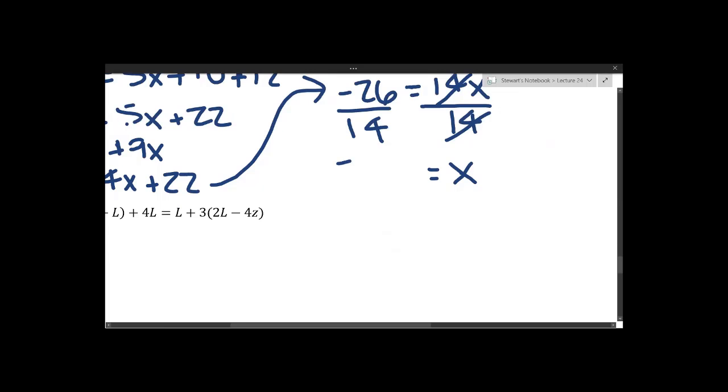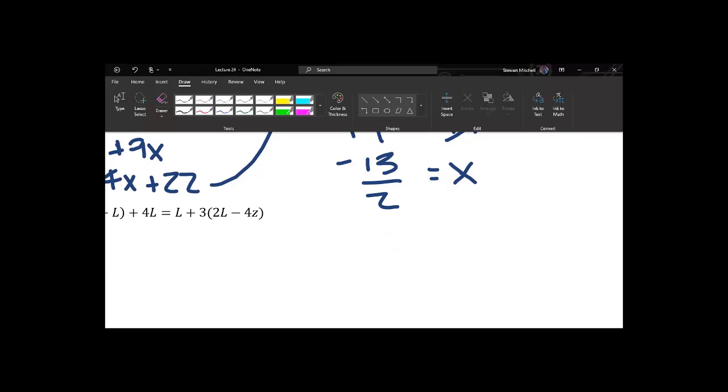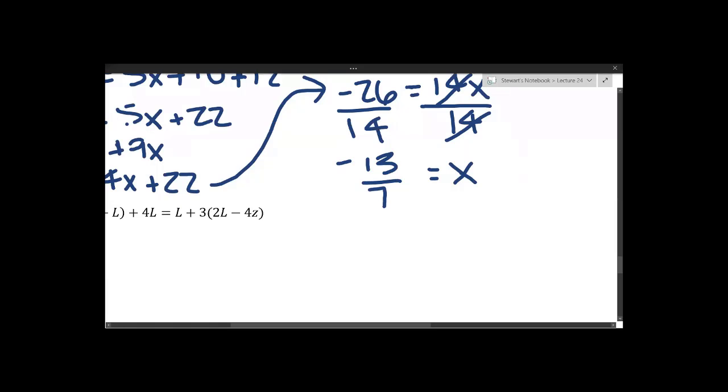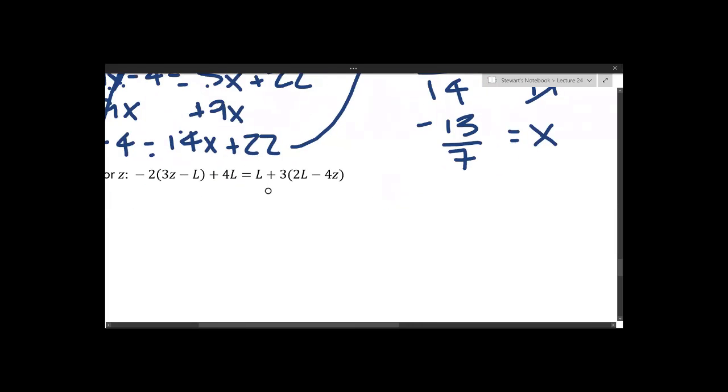I'm sorry, negative 13 sevenths. It shouldn't be over 2. It should be negative 13 over 7. Okay. Last one.